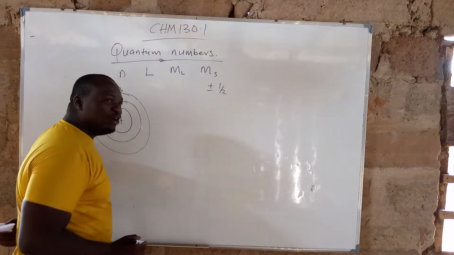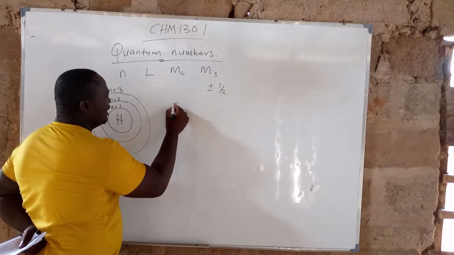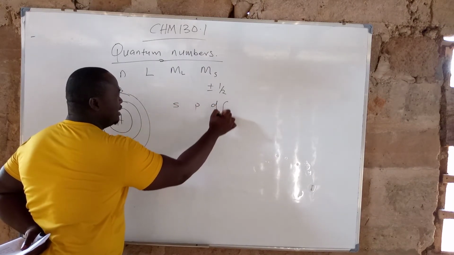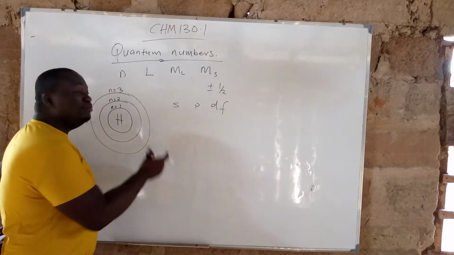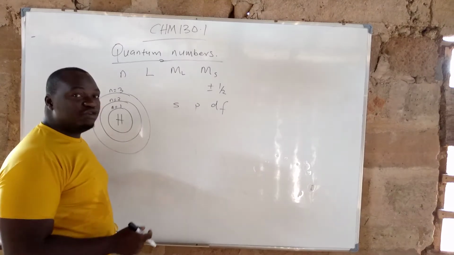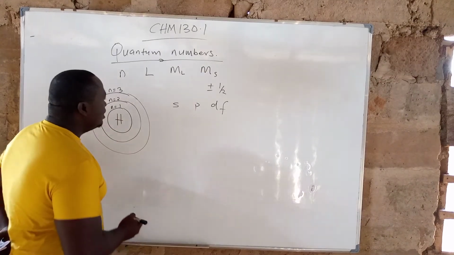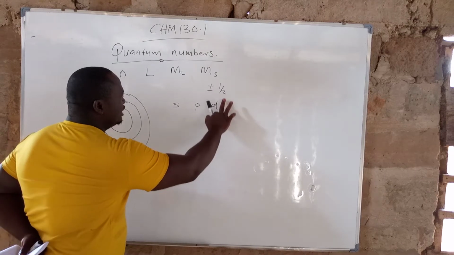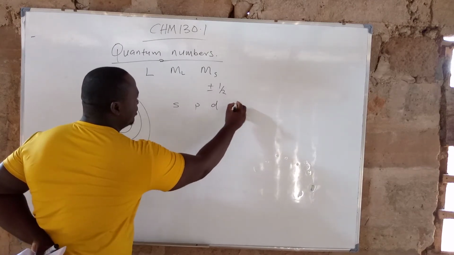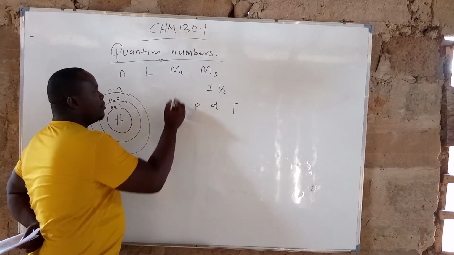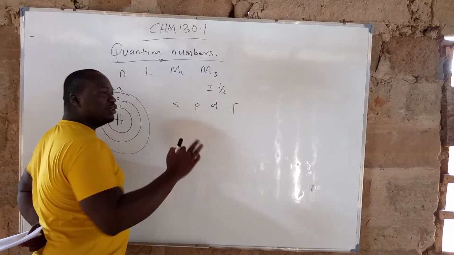Under electronic configuration, we have what we call the SPDF. This is an introduction. If you miss this, you will find it difficult. Like I said, L gives the shape.